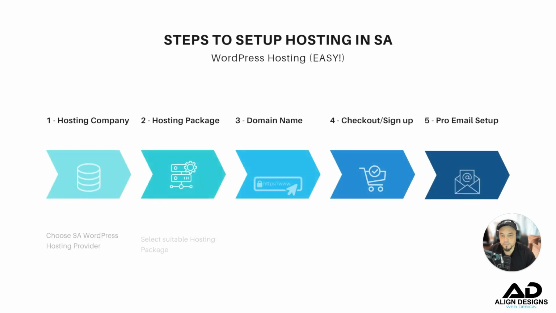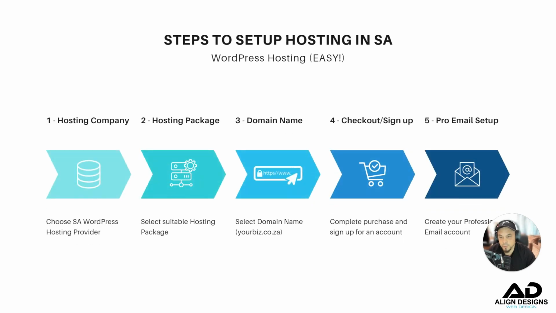So these are the specific 5 steps we're going to take in this video to set everything up. The first step is to select a WordPress hosting provider in South Africa, and I'm going to give you a resource to help you decide if you don't want to use the same company that I'm going to show you in this video. The second thing is to then choose a hosting package based on your needs. The third thing is to select a domain name. That again is your .co.za.